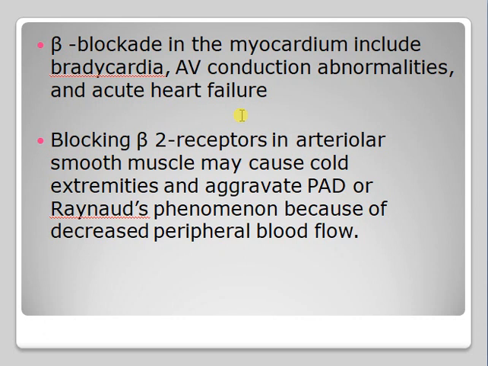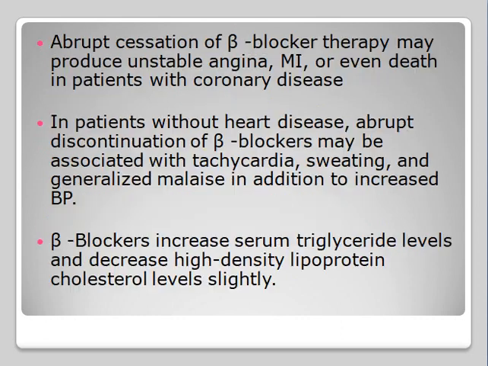Again, blockade of beta 2 receptor can cause PAD, that means peripheral artery disease, and Raynaud's phenomenon. Due to the lack or reduction in supply, the extremities or end points of our body become bluish in coloration, and due to that this kind of disease condition may develop. So again, we have to check all those parameters.